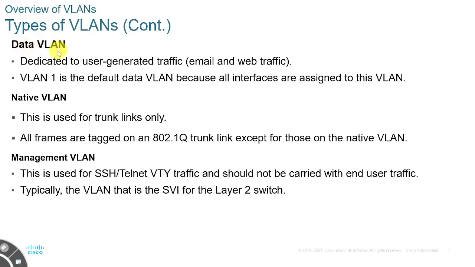The data VLAN is dedicated to user traffic, such as web browsing and email transmission, for example. Okay, so data is for email and web, for example. VLAN 1, which is the default data VLAN. Why?